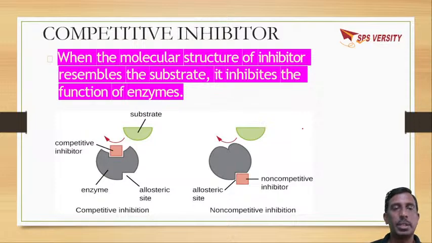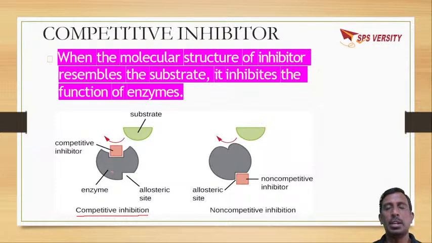So these inhibitors will compete with the substrate. The shape is the same, so instead of the substrate, the inhibitor will attach. Due to this, the enzyme activity will decrease. It is called competitive inhibition. There is a competition between the inhibitor and the substrate.